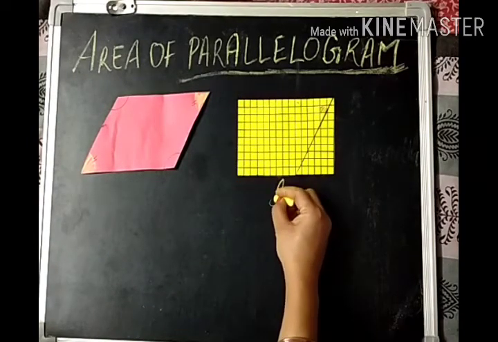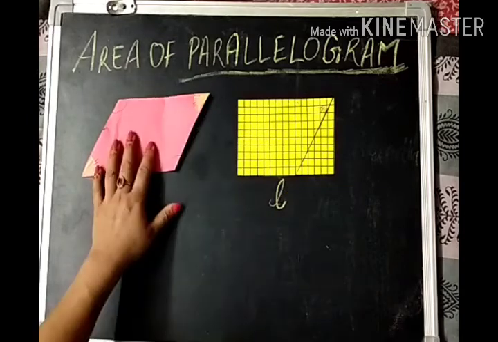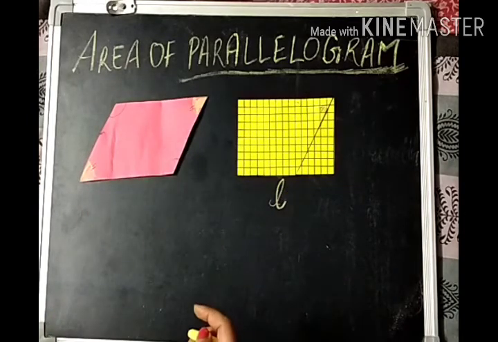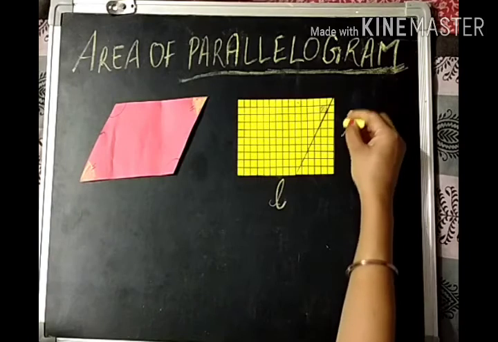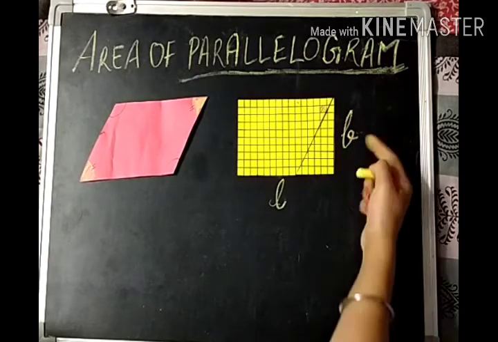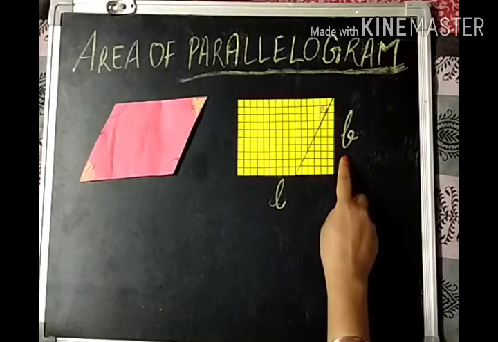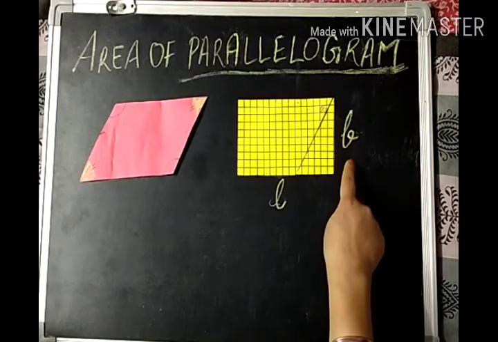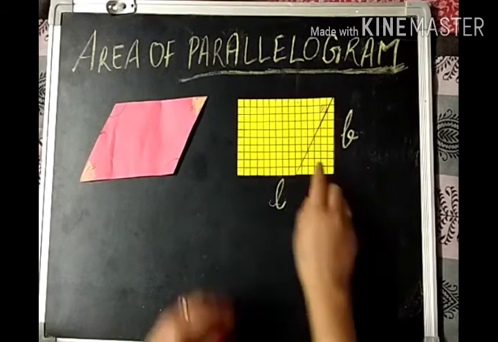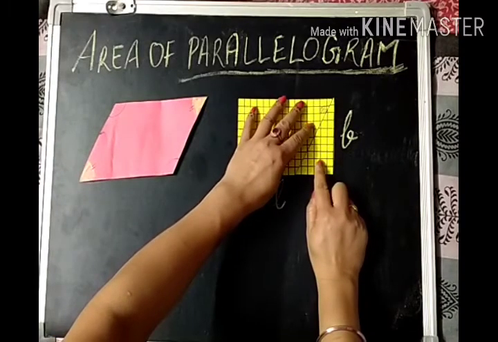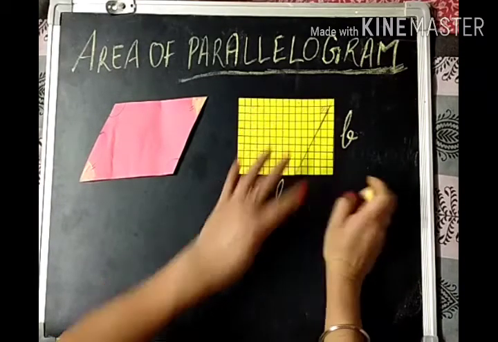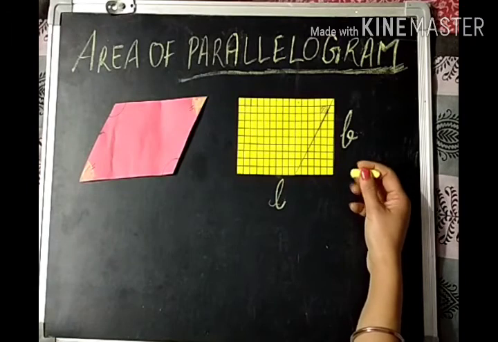We denote the length of a rectangle with L, and this is the breadth, or width, which we denote with B.